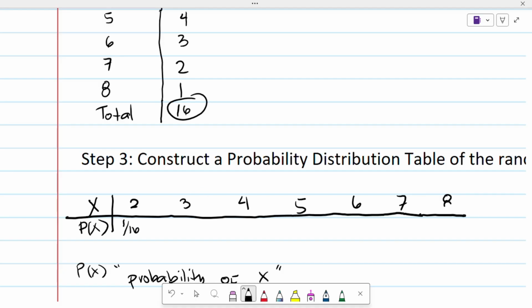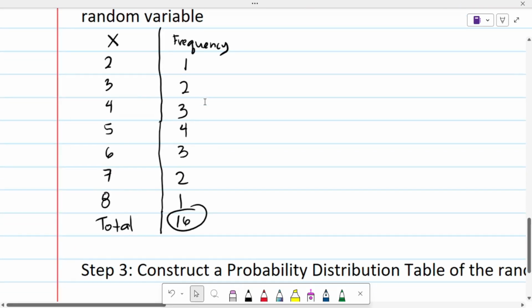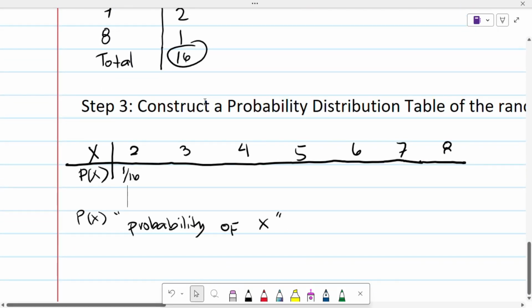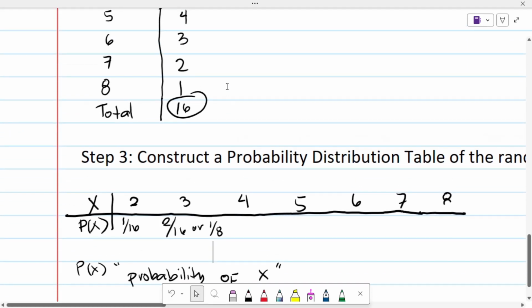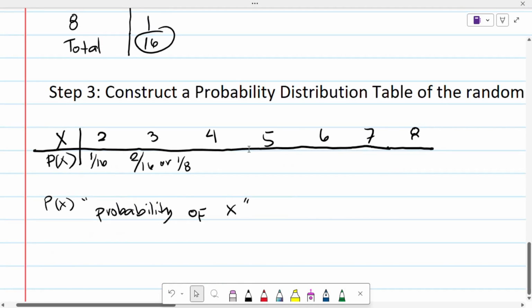Now, what is the probability of getting the sum of 3? If we look over here at our random variable x equal to 3, we have a frequency of 2 out of 16. So the probability of getting a sum of 3 is 2 over 16 or 1/8. How about getting the sum of 4? The frequency of that is 3.